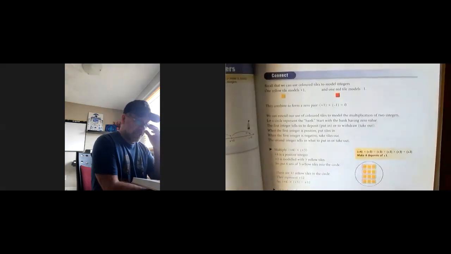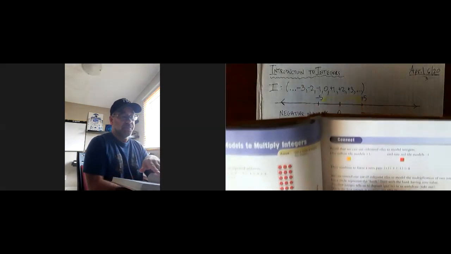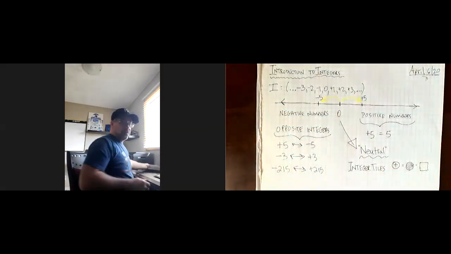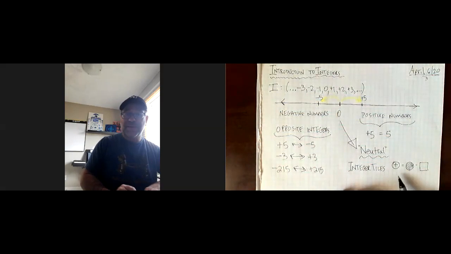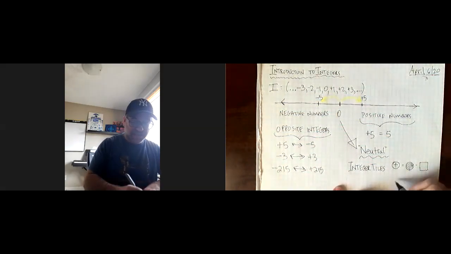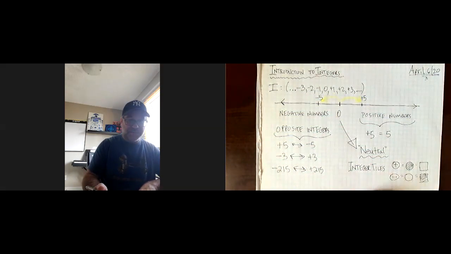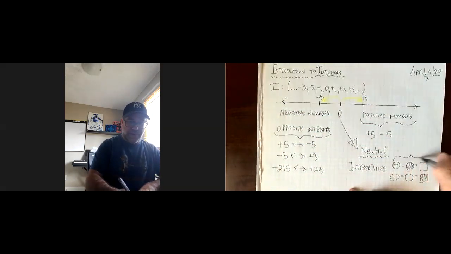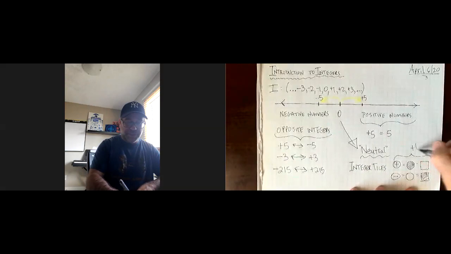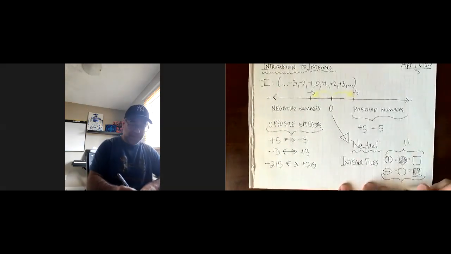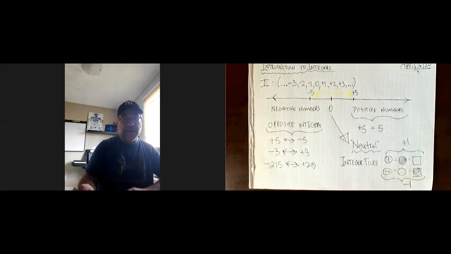So in this textbook, yellow tiles are positive, red tiles are negative. One of the things that's really important is just making sure that you understand what symbols are being used to represent positive or negatives. Very important on different worksheets. So each one of those would be a positive one, and each one of these would be a negative one.